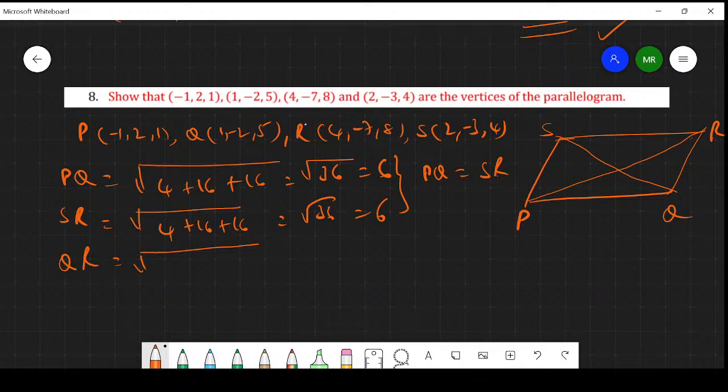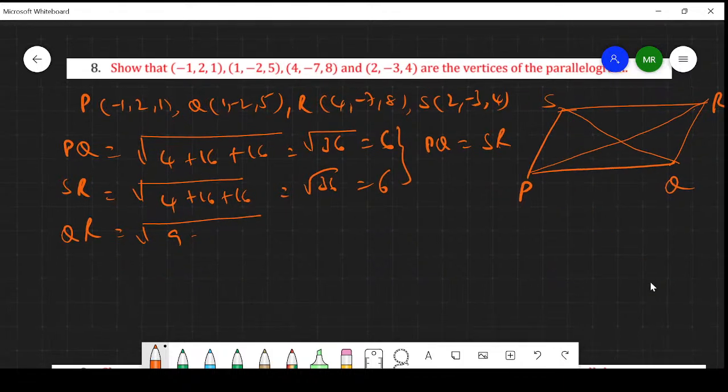I am writing directly. QR: 4 minus 1, 3 square 9, and minus 7 plus 2, minus 5 whole square, it will be 25.